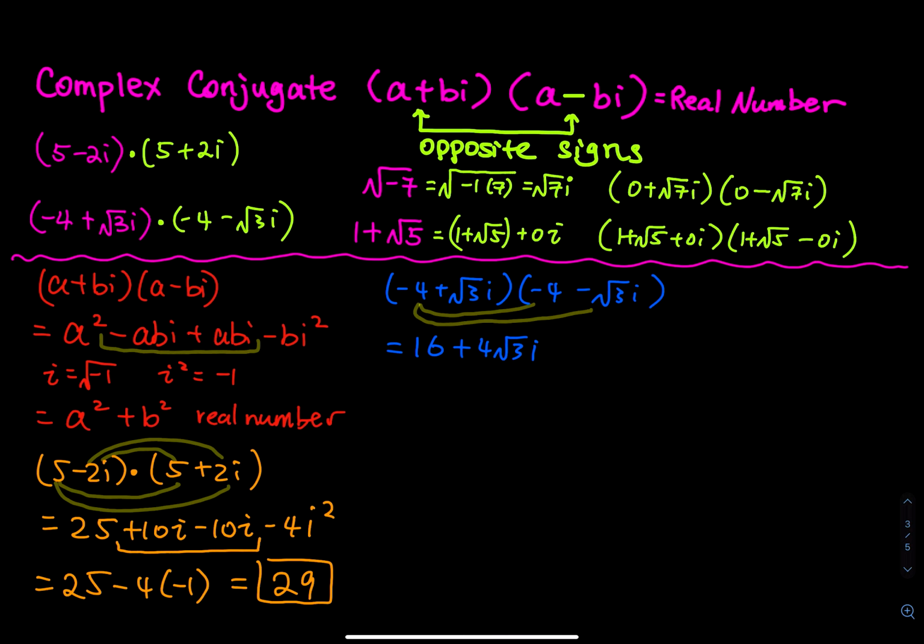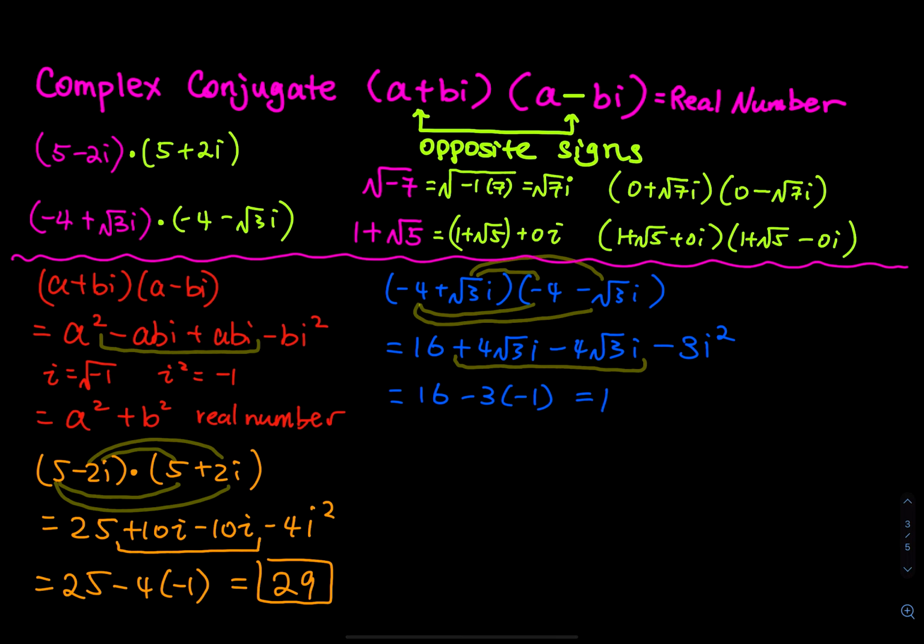And then we keep on going. We have a minus 4 root 3i, so the two terms will be cancelled, and then minus root 3 times root 3 is 3, i times i is i squared. So when you multiply a conjugate, the two terms in the middle will be cancelled, then this becomes 16 minus 3 times negative 1, which is equal to 19.